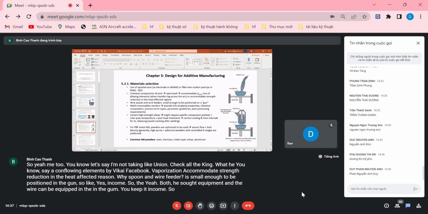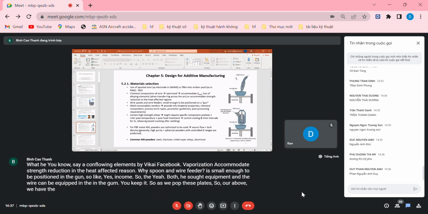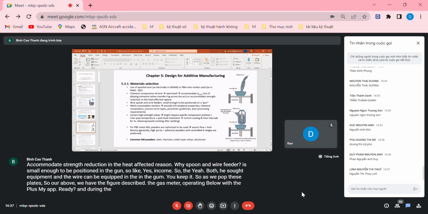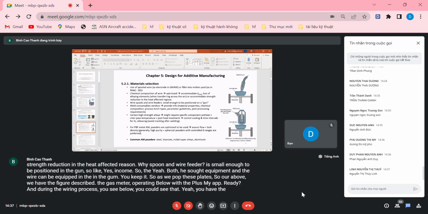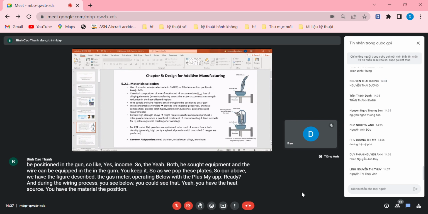So we have the substrate part and base plate. Above we have the figure describing gas metal arc welding. Below is the plasma arc welding. During the welding process, you can see below that you have the heat source, and the material deposits layer by layer onto the previous layer of the part.